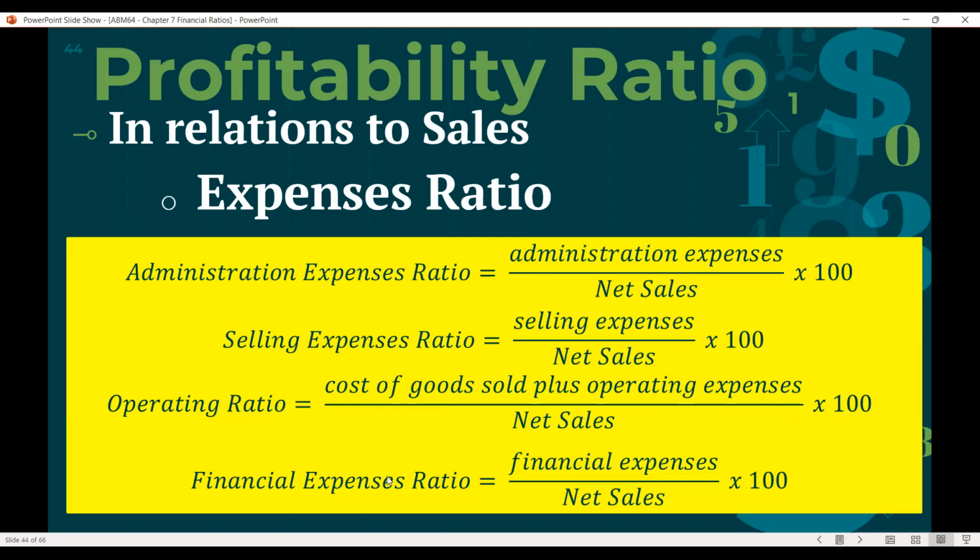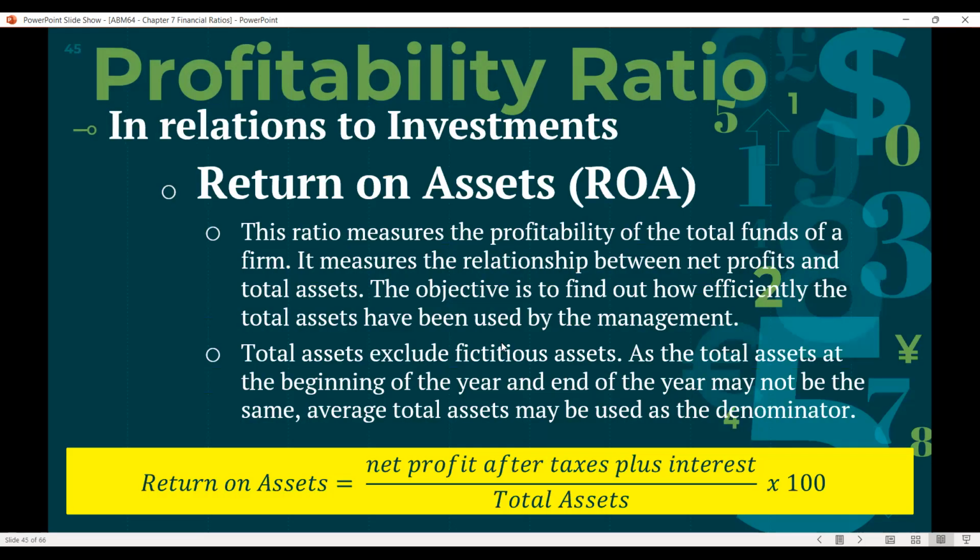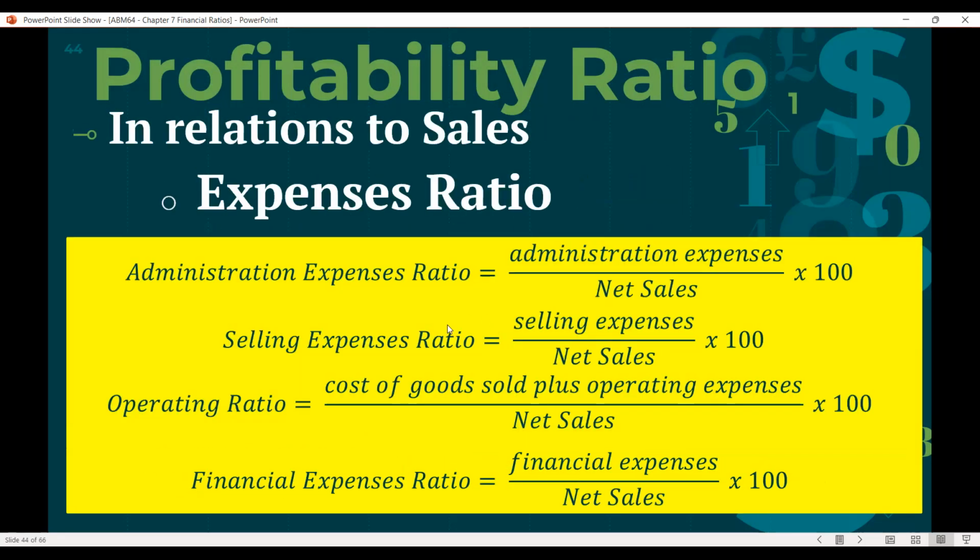While for financial expenses ratio, we have financial expenses divide net sales. So financial expenses mostly are composed of interest, kay financial expense man siya for loans, example, loans, and also depreciation. So multiplied by 100.